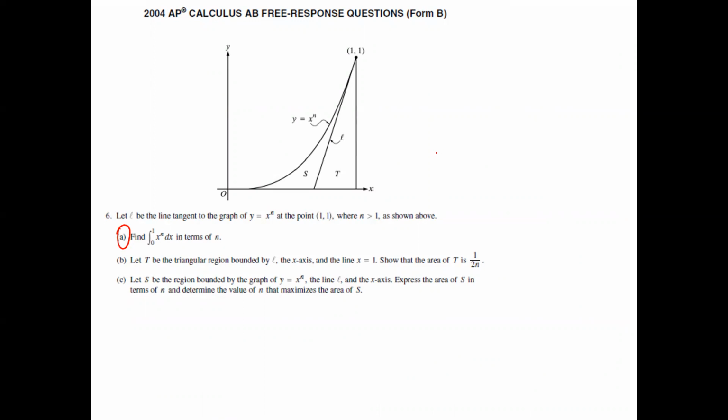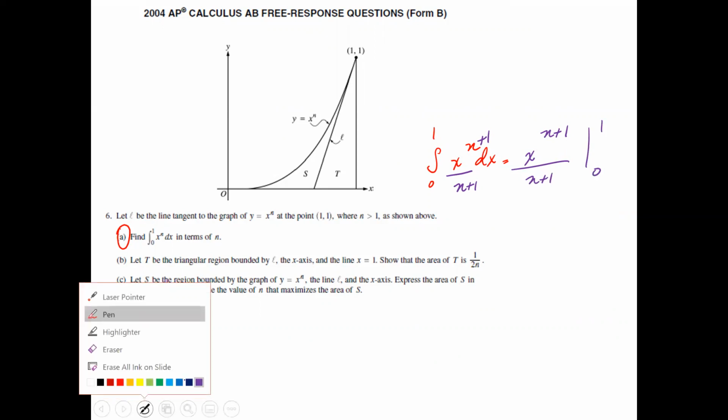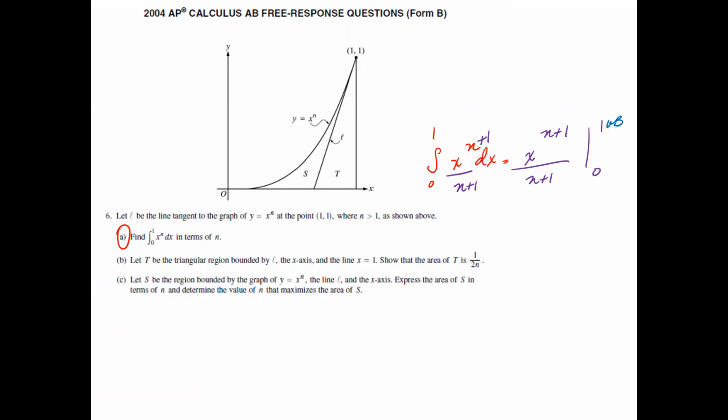So looking at this, the integral from 0 to 1 of x^n dx is going to equal, if you remember how to find the integral of something, you add 1 to the exponent and then divide by the new exponent. So x^(n+1) divided by n+1, evaluated from 0 to 1. Let's do the upper bound.